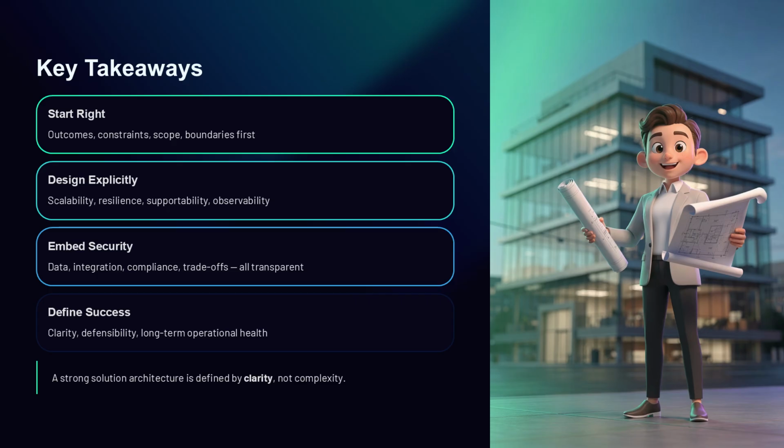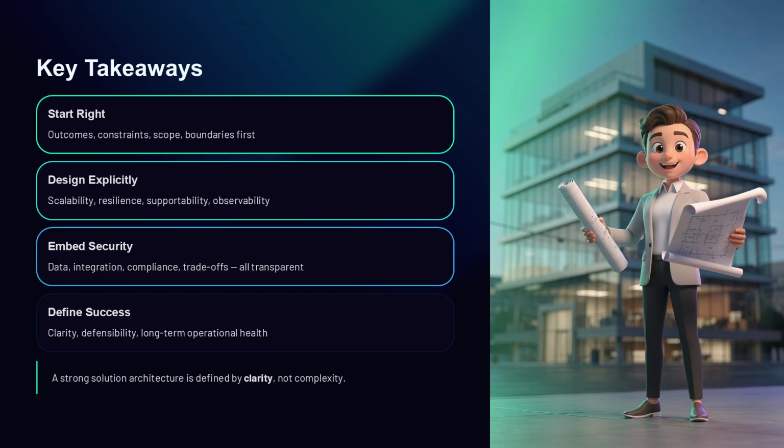You design explicitly for scalability, resilience, supportability, and observability, because these are the dimensions that determine success after go live. You embed security by design, clarify data and integration responsibilities, and ensure compliance and risk are handled transparently with documented trade-offs and residual risk pathways.